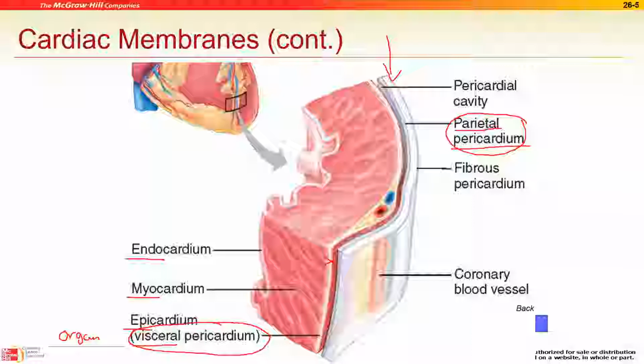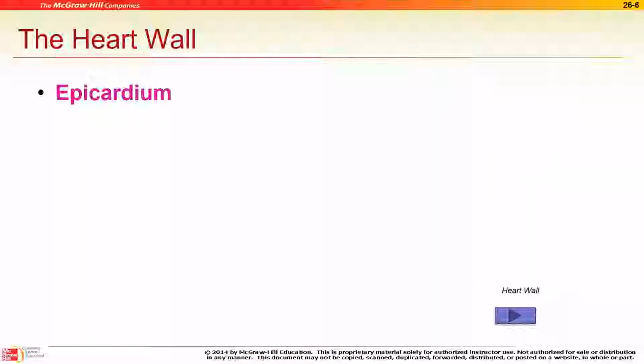And all those prefixes will really help you. Endo, epi, here are word roots, prefixes and suffixes. Epicardium. So what's the other name for it? Visceral pericardium, because it touches the heart.